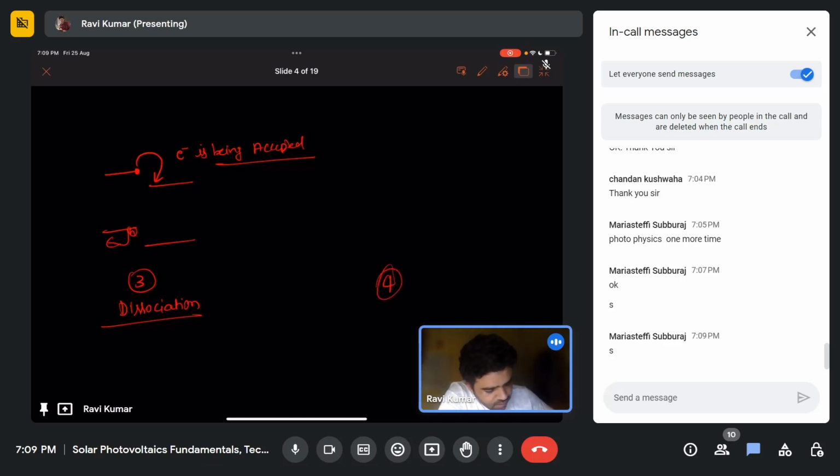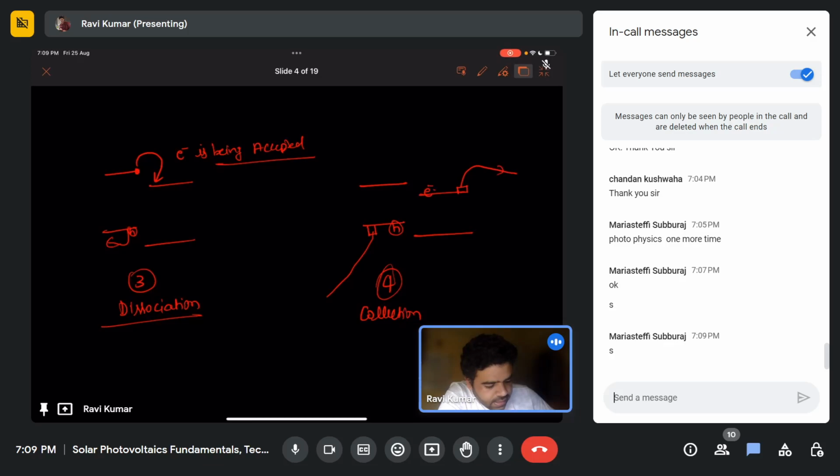So for the fourth one, collection means HOMO, LUMO, HOMO, LUMO. Now the electron is here and the hole is here. We have a metal contact here. Let's say here we have another metal contact. So they are connected to the external circuit.